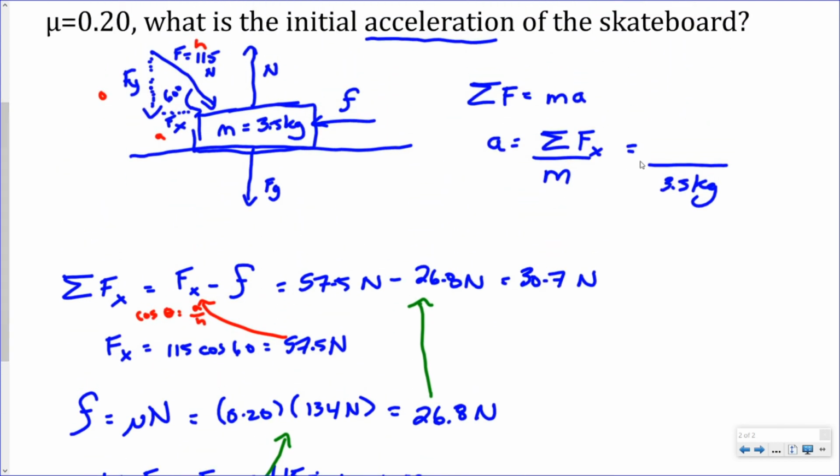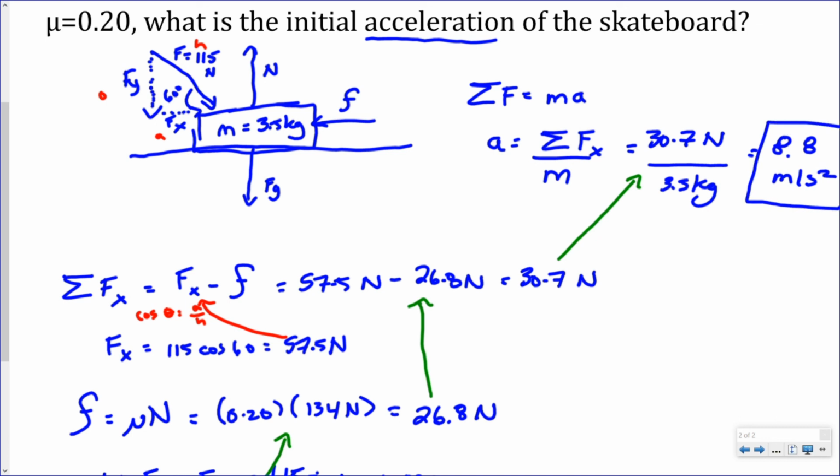Oh yeah, so I could put it in the acceleration. So we keep working our way back here. So 30.7 newtons divided by 3.5 kilograms gives me 8.8 meters per second squared. And that is our final answer.